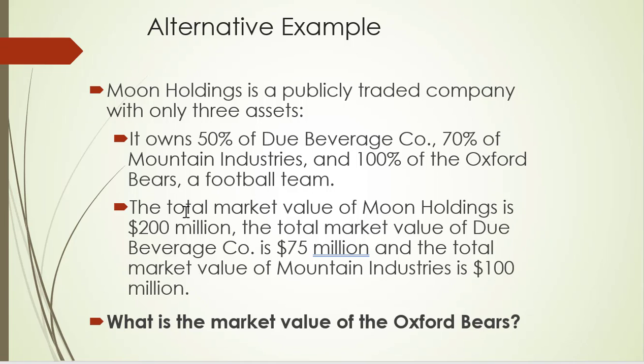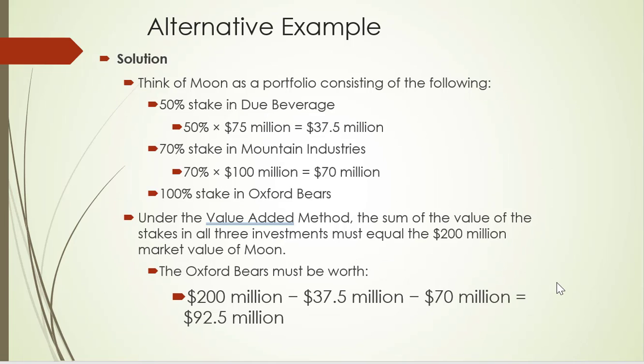I'm sorry, Moon Holdings is worth $200 million. Mountain is worth $100 million. So how do we calculate this? Well, we have a 50% stake in Do Beverage, which means 50% of its value of 75 million, so we own 37.5 million. 70% of the 100 million of Mountain is 70 million.